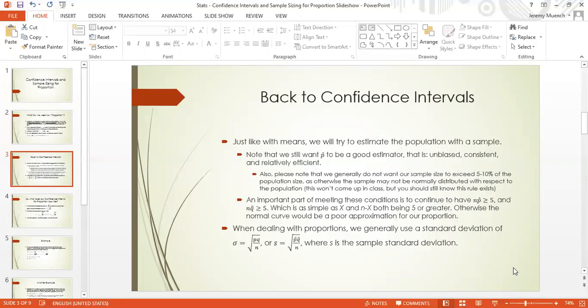Yeah, it shows up again. So here, the idea was that when we have a binomial distribution that's large enough, it creates something that's like a normal distribution. And here our idea is that with a proportion, every single data point, every single person that responds to a survey, every single person that casts a vote, every single time we look at a fruit and go, is that an apple?